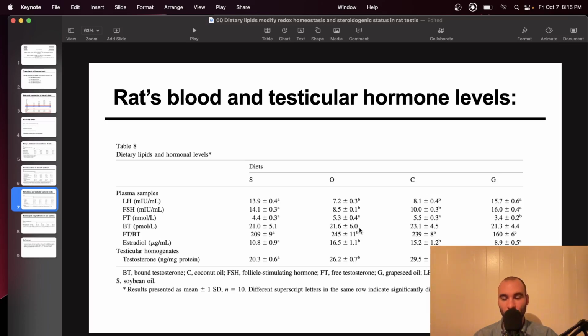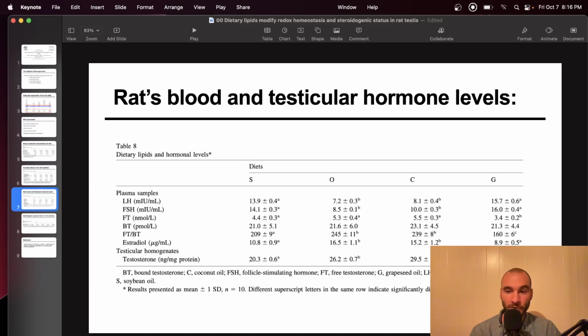And the rats had a non-significantly higher amount of total testosterone in the olive oil and coconut oil groups compared to the grapeseed oil and soybean oil groups. Last thing we're going to look at, so this was all in the plasma. This is what's going on in the blood. So what's actually going on inside the testicles? Well, inside the testicles, the amount of testosterone present was significantly higher in the olive oil and the coconut oil groups than the soybean oil and the grapeseed oil group.